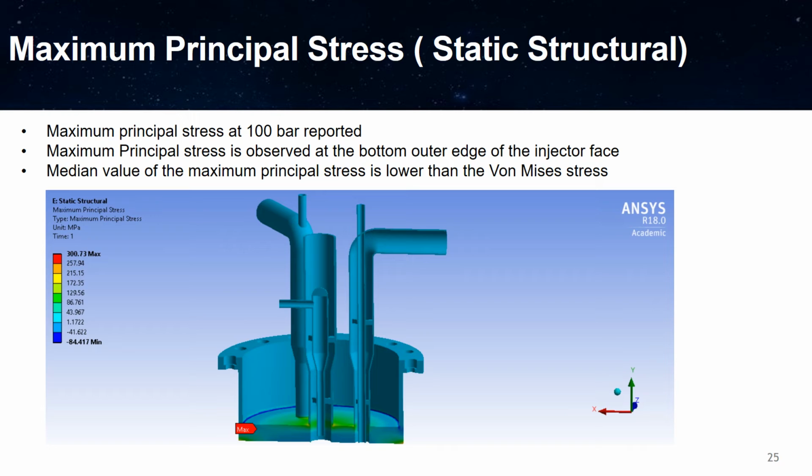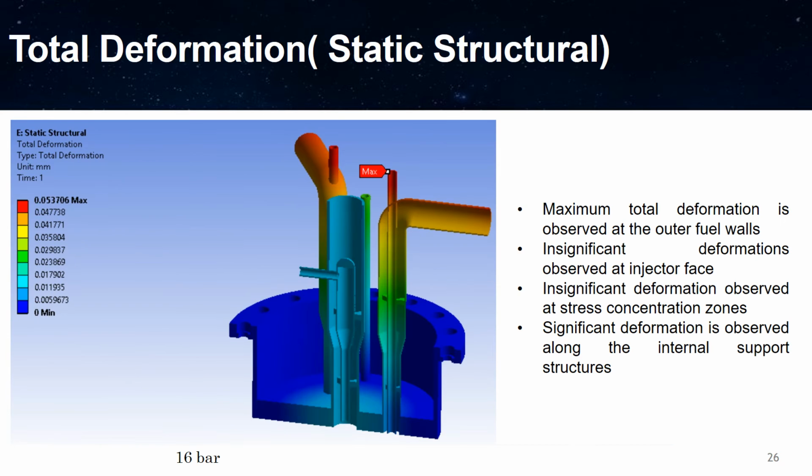So it's basically due to the constraints of the supports and the pressure from the combustion. But if you look into the median value of the principal stress, it's lower than the von Mises stress and way lower than our yielding stress. So we're basically doing good with this design for the structure part.